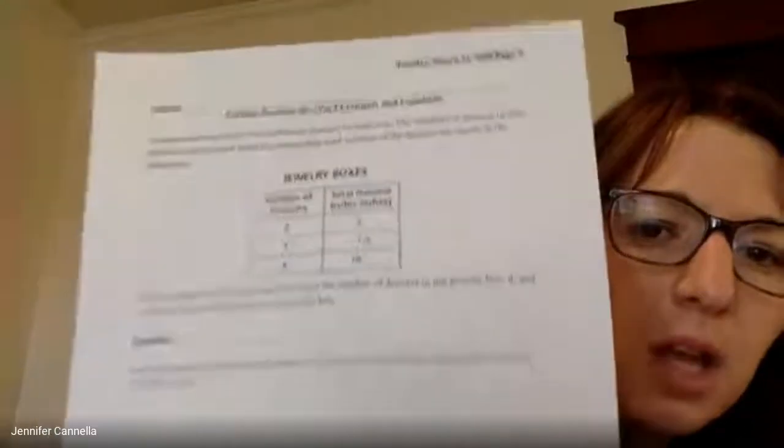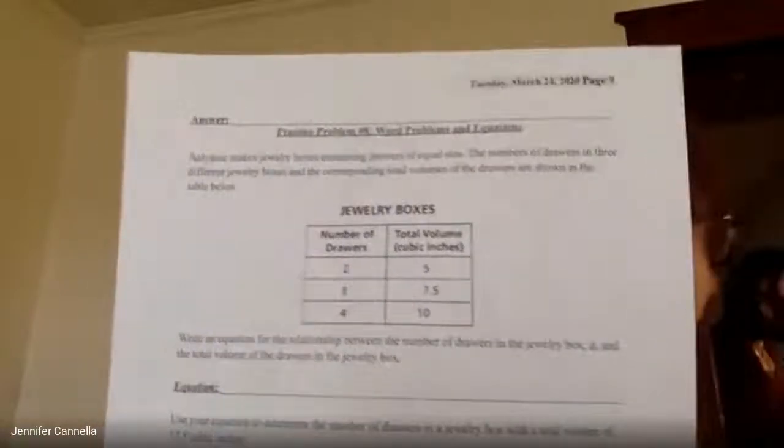All right. Here, can somebody read me the question? Aliani makes jewelry boxes containing drawers of equal size. The number of drawers in 3 different jewelry boxes and the corresponding total volumes of the drawers are shown in the table below.